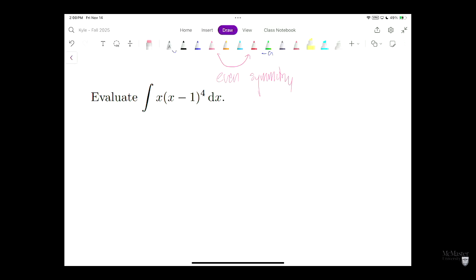So notice if we set u equal to x minus 1, then that means that x is equal to u plus 1. And also taking the derivative, we get du is equal to dx. So now we can sub in each of these ingredients. This is the integral of u plus 1 times u to the 4 times du.